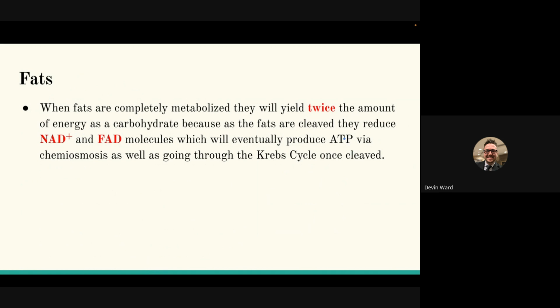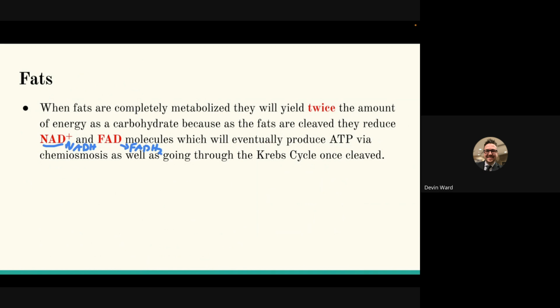Then those go into the electron transport chain and chemiosmosis to generate ATP. So they'll reduce NAD+ to NADH and FAD to FADH2.